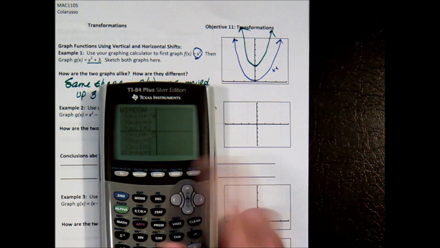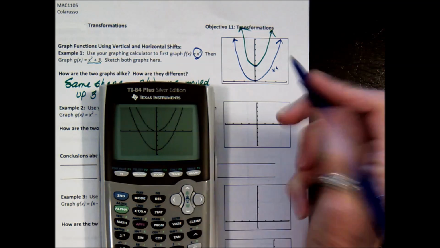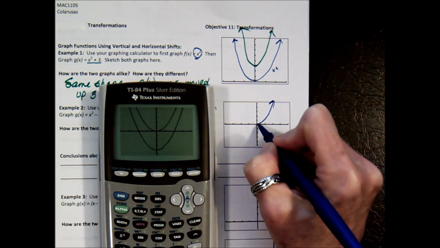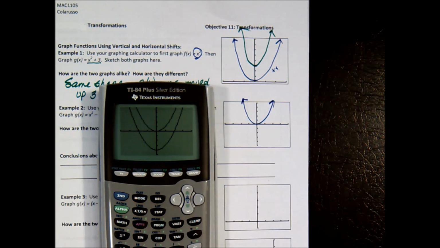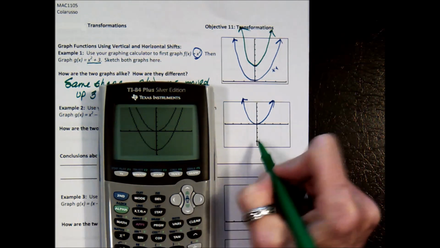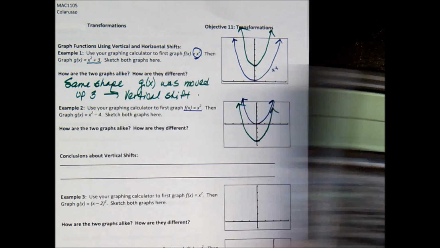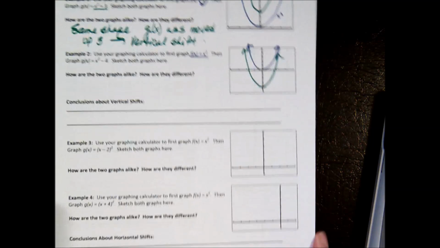And let's look at that graph again, knowing that the first one is the same thing we got above. So my first one is shaped basically like this. But when I went to graph g of x is x squared minus 4, 1, 2, 3, 4, it moved my graph down 4.